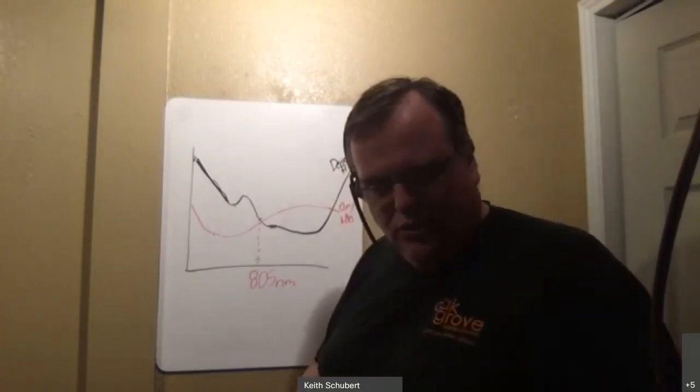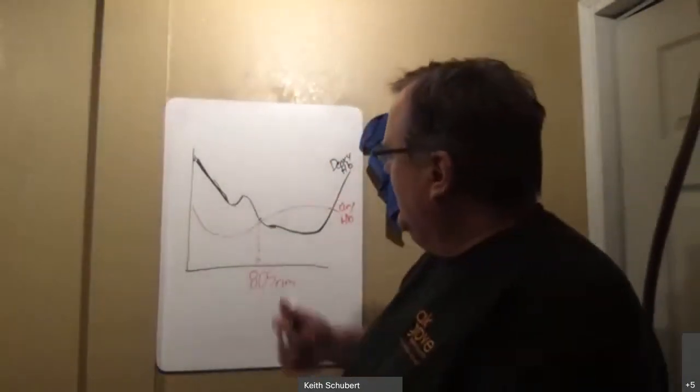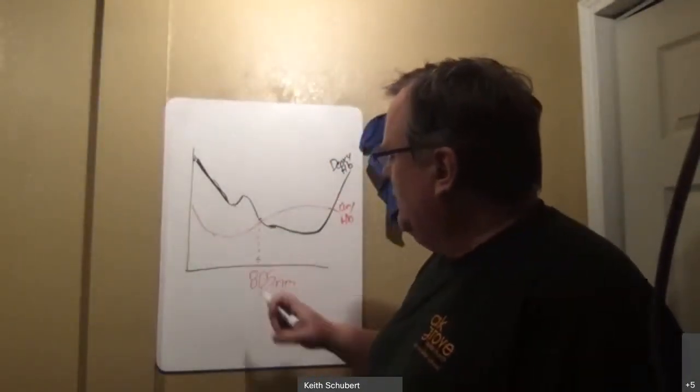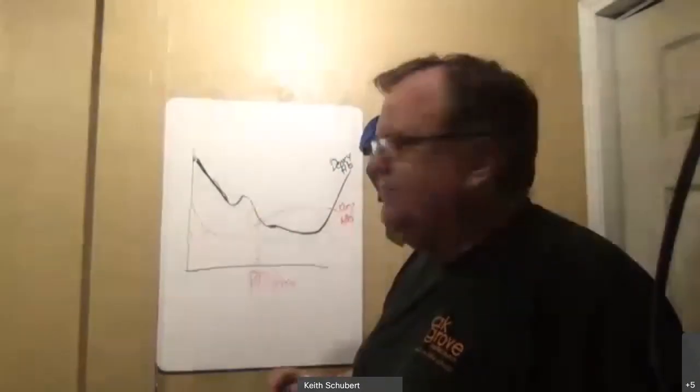Now, there's one other interesting feature about this chart for us. To the left of 805, deoxyhemoglobin dominates.